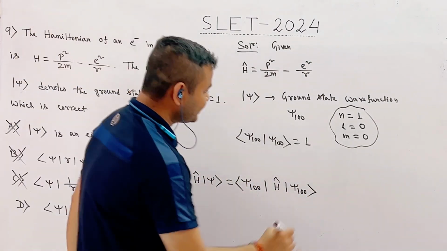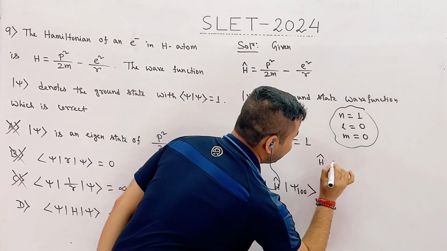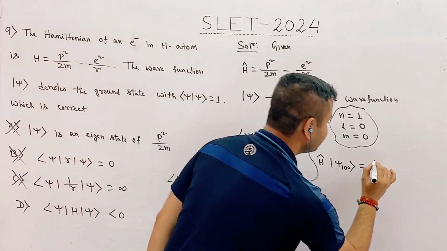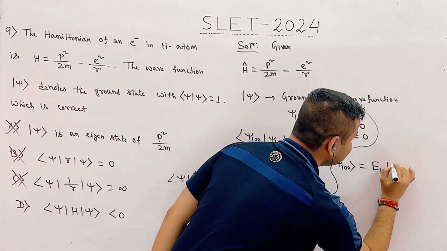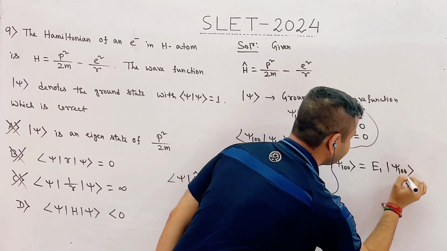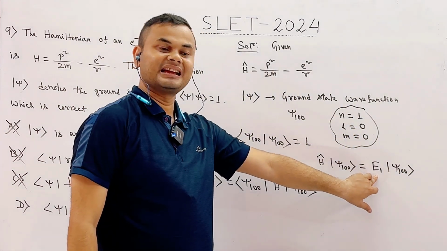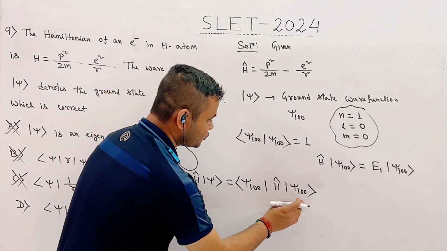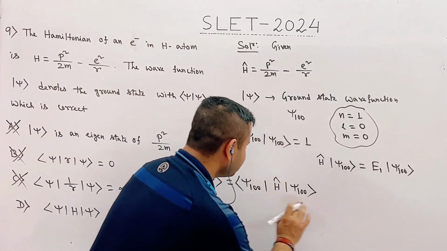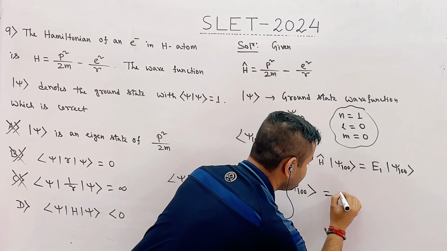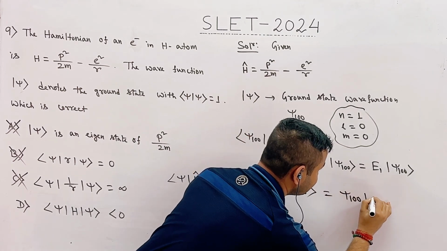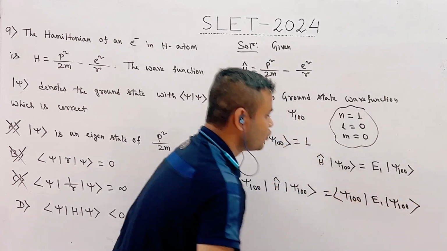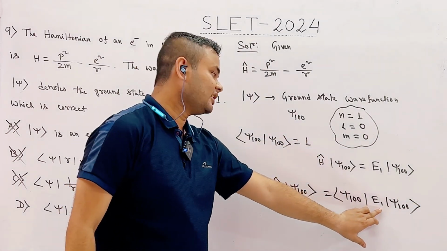Again, we know that when the Hamiltonian operator acts on the wave function psi 1 0 0, then it will give energy E1 and the wave function itself. Here, E1 is the ground state energy of the hydrogen atom and it is a constant term. So this term can be written as psi 100 E1 psi 100. We know that E1 is a constant term.